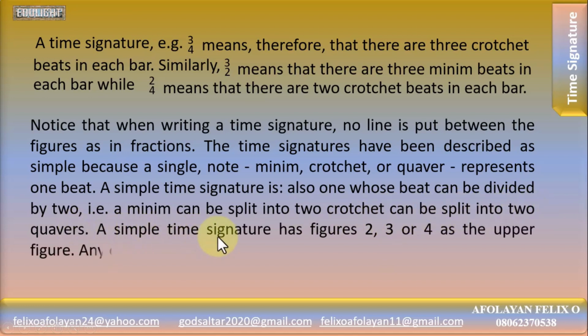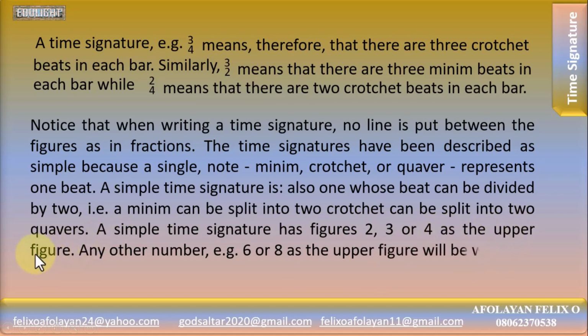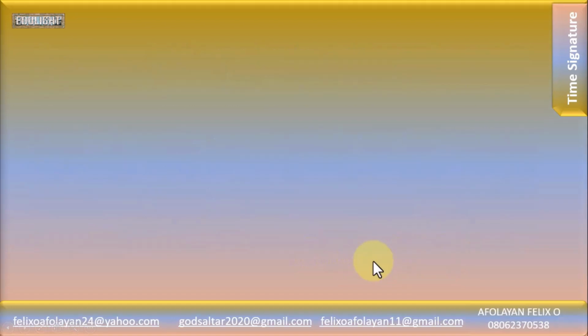A simple time signature has 2, 3, or 4 as the upper figure. Any other number, e.g., 6 or 8, as the upper figure will be wrong for a simple time signature.